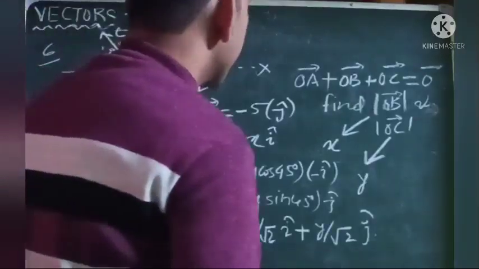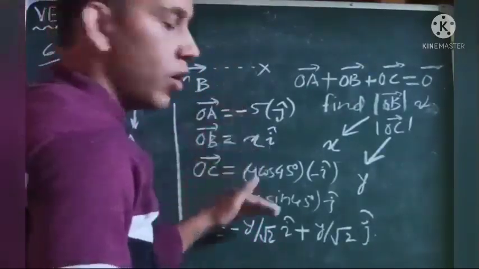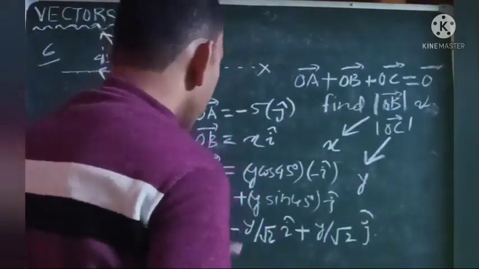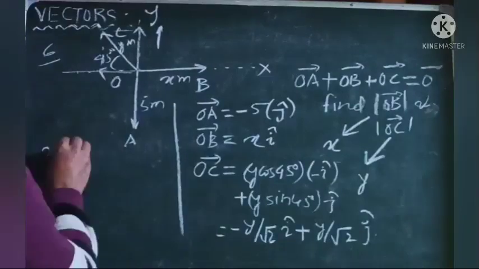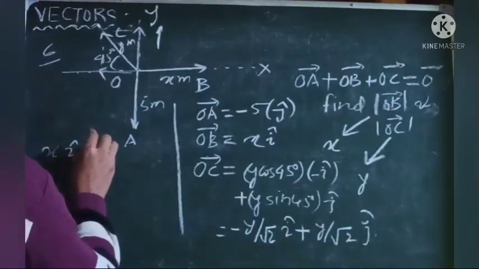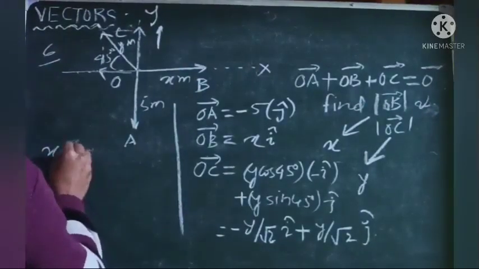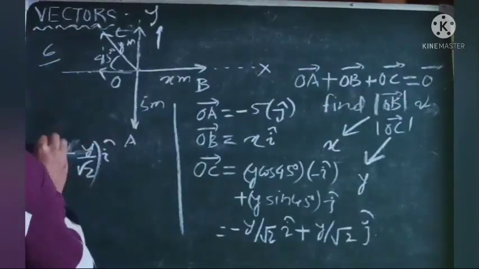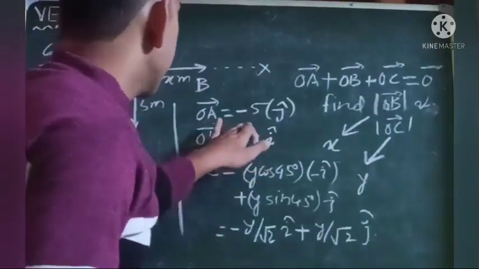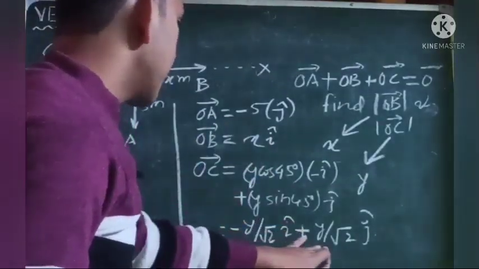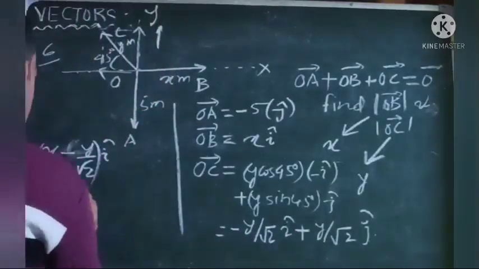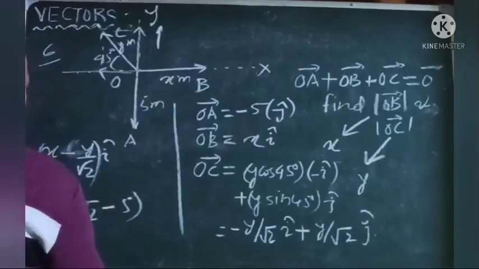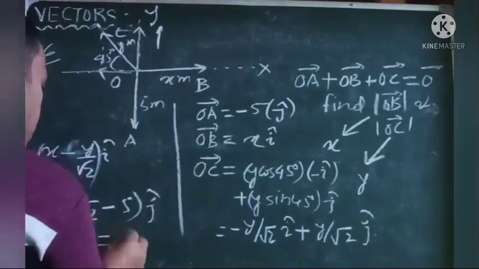OA vector plus OB vector plus OC vector is equal to 0. Let's add all these three vectors. x I cap minus y upon root 2 I cap, taking I cap common, is x minus y upon root 2 times I cap, plus y upon root 2 j cap minus 5 j cap, is equal to 0 vector.